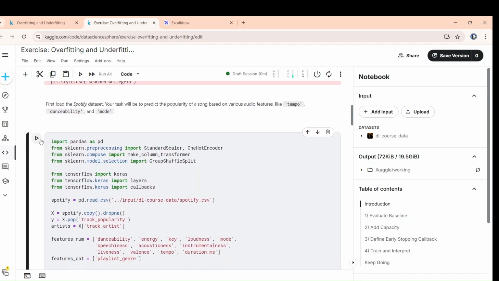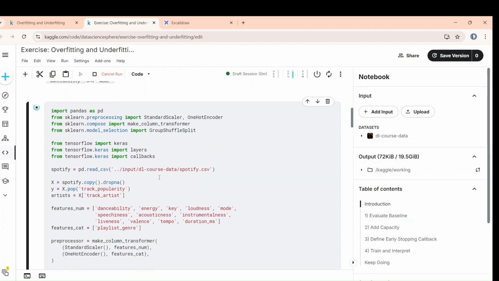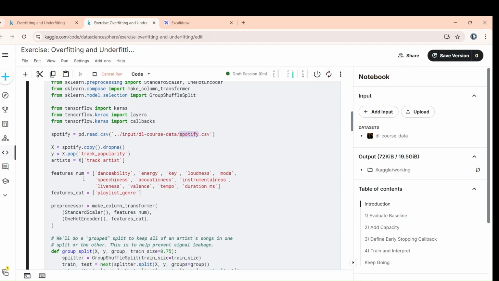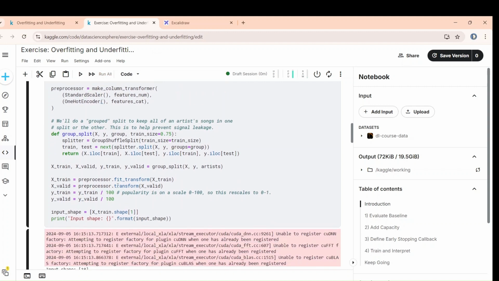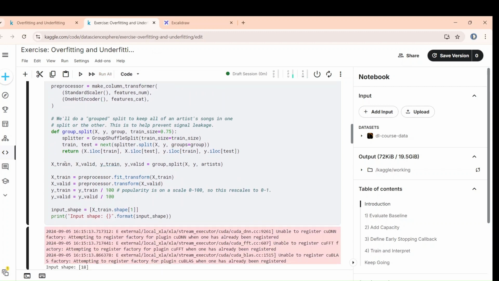Later on, we have imported pandas, standard scaling, one hot encoding, column transformer, spotify.csv, and then they have done some EDA, see features, numerical features, categorical features, then the column transformation, group split. See here it has X train, X valid, y train, y valid, and the group split on X, y, artist.